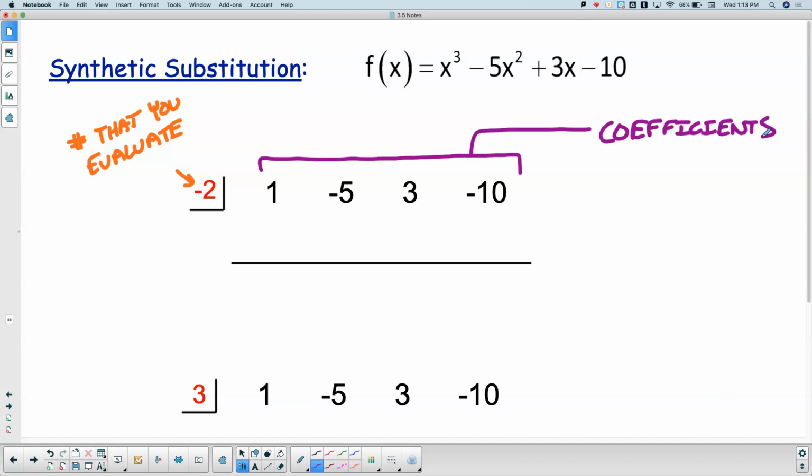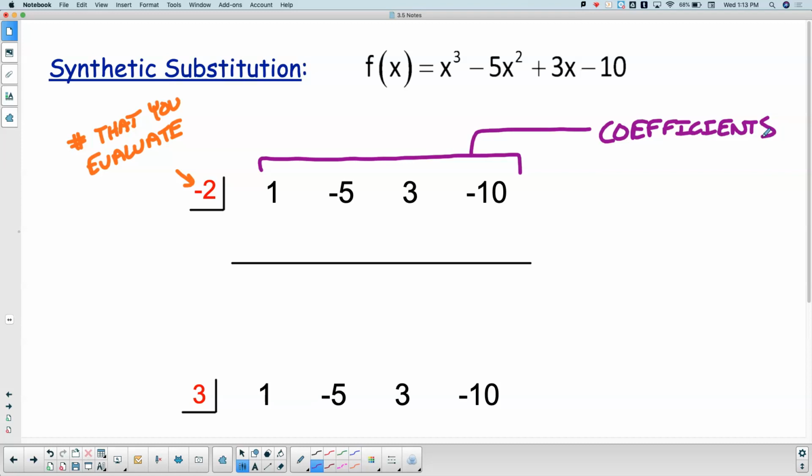Refresh my memory from a polynomial. What does it mean to be in standard form? Those coefficients have to be in standard form order. What does it mean for a polynomial to be in standard form? All the variables on one side.